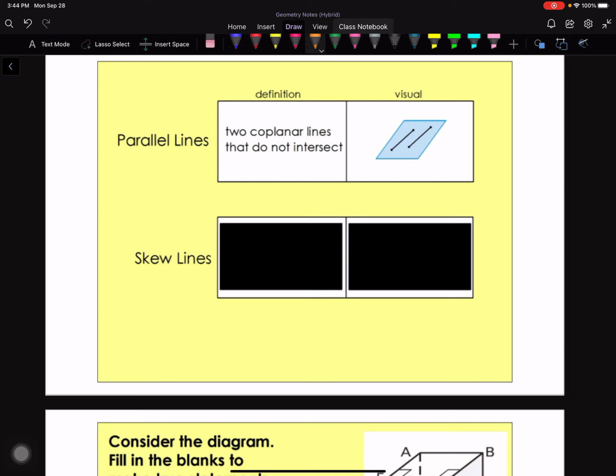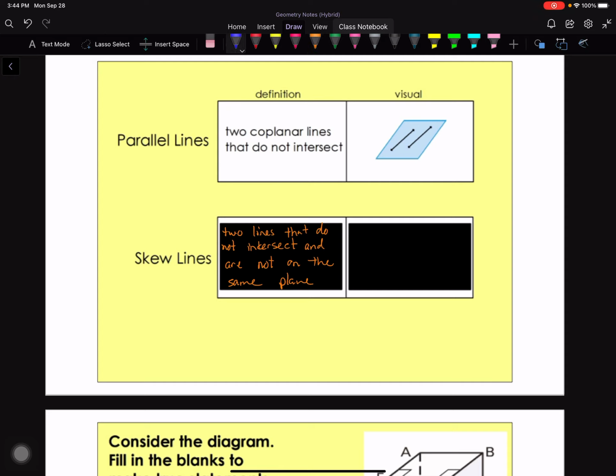Okay, skew lines are two lines that do not intersect. So just like parallel, the difference here is they are not on the same plane.